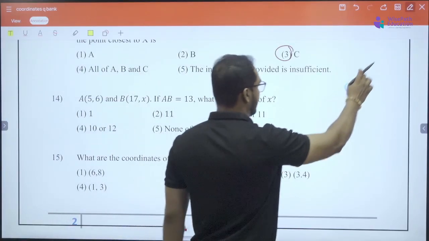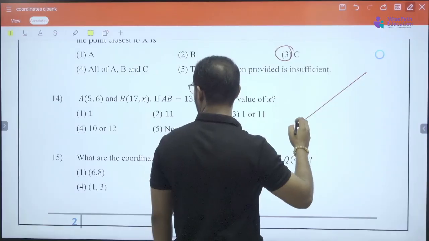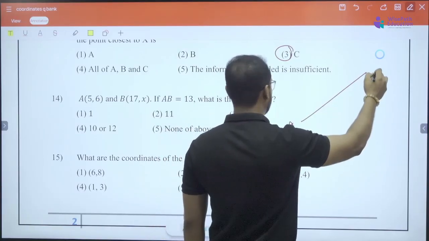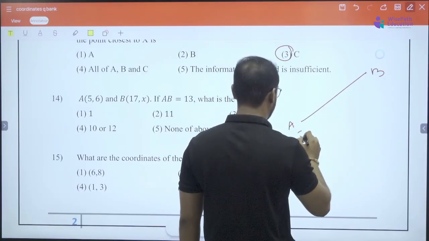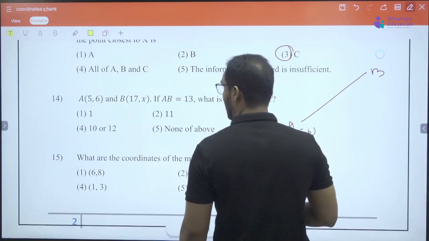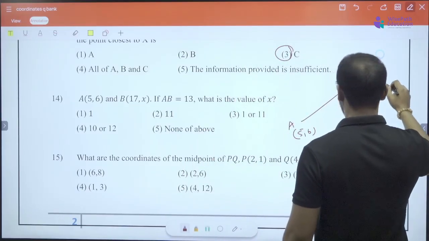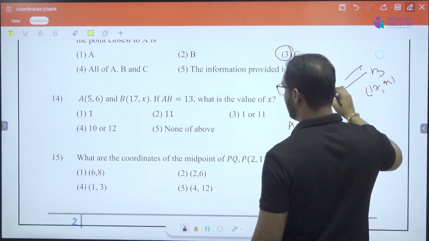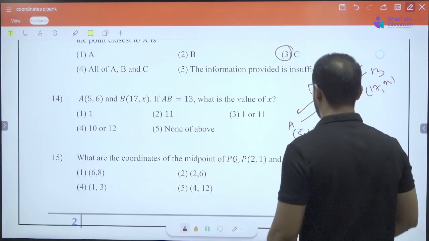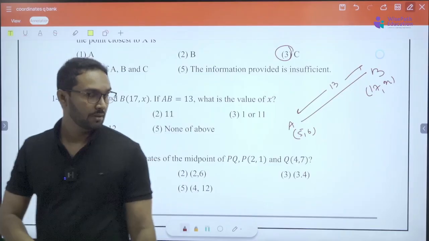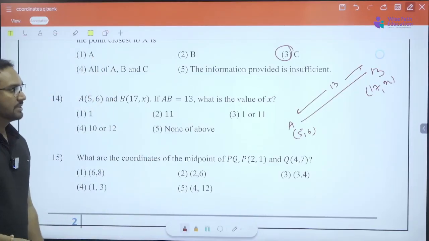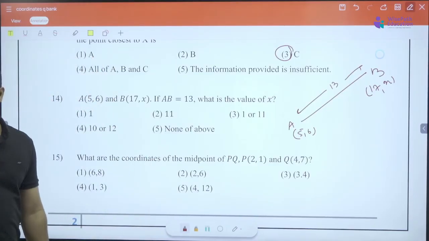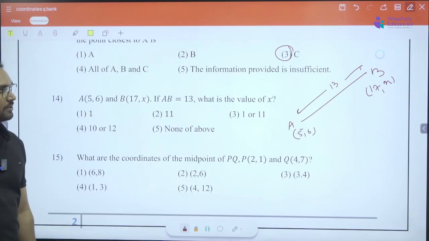If I draw it here, let's say this is A and B. A is (5, 6) and B is (17, x), and the complete length of this AB is 13, right? So now we have to reverse the length equation: the difference of the x coordinates squared plus the difference of the y coordinates squared, and that is equal to 13.